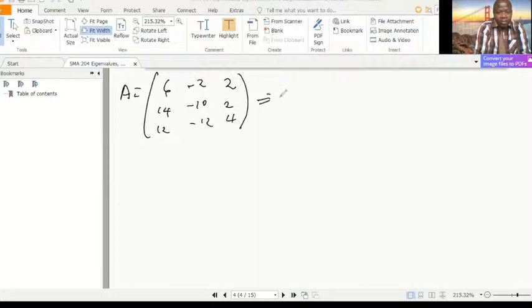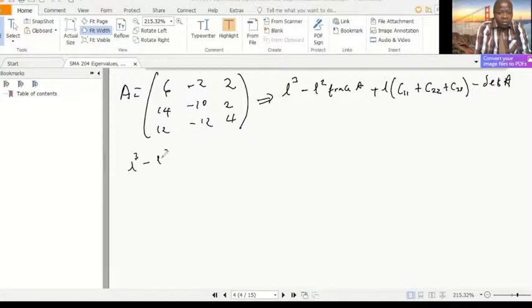Now, the characteristic polynomial is given by lambda cubed minus lambda squared multiplied by the trace of A, plus lambda multiplied by the sum of the cofactors in position 1, 1, position 2, 2, and position 3, 3, then minus the determinant of matrix A. This will be lambda cubed minus lambda squared times the trace: 6 plus negative 10 plus 4, and this is 0.